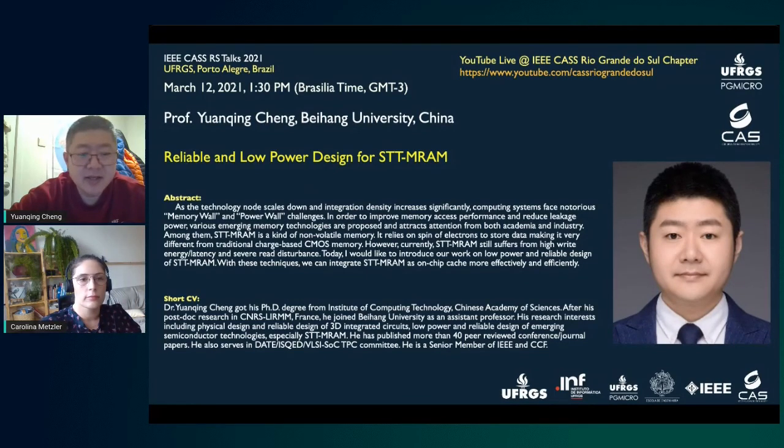And currently, the most mature product, I think, is the STT-MRAM, because companies like Everspin and Honeywell, and also some other semiconductor companies like TSMC and Samsung, have already built fabrication lines in their foundry.